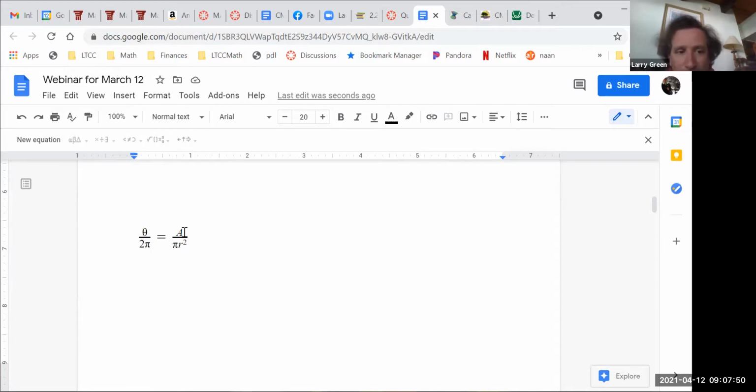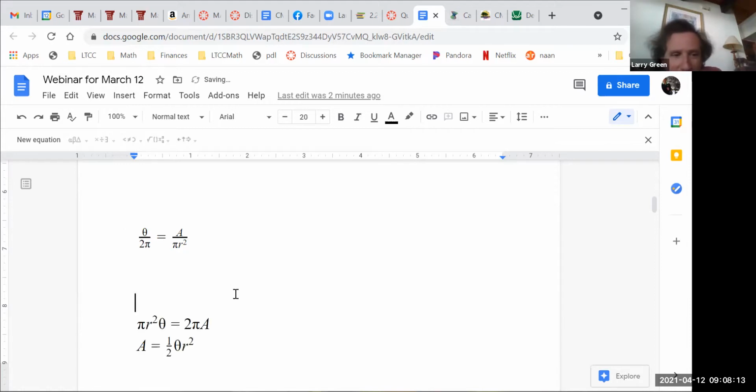So theta over 2 pi equals A over pi r squared. Have I lost anyone in that idea? Is that clear? The nice thing is the rest is very easy math. To come up with the idea that that's what we need, that's hard. But the rest is easy.